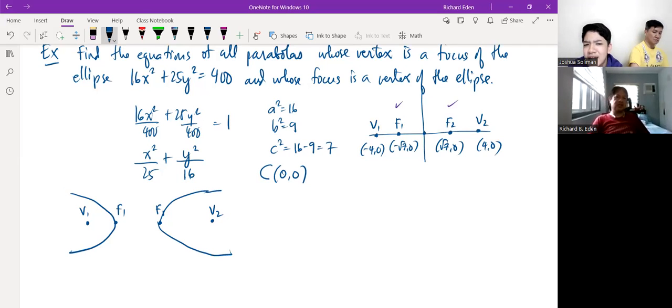And kung focus siya ng ellipse, it's a hyperbola imposter po. Yeah, they're switching. No, actually, these are two different graphs, but all right. It's just a matter of keeping track of the different possibilities. So here I've used the case where F1 is the vertex, this time F2 naman ang vertex ng parabola.